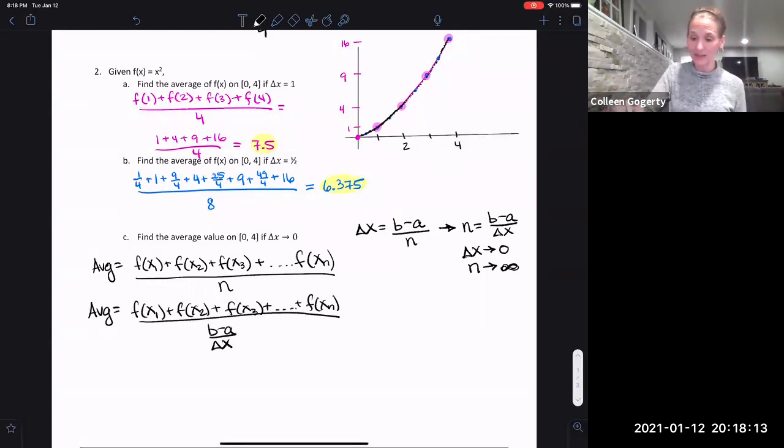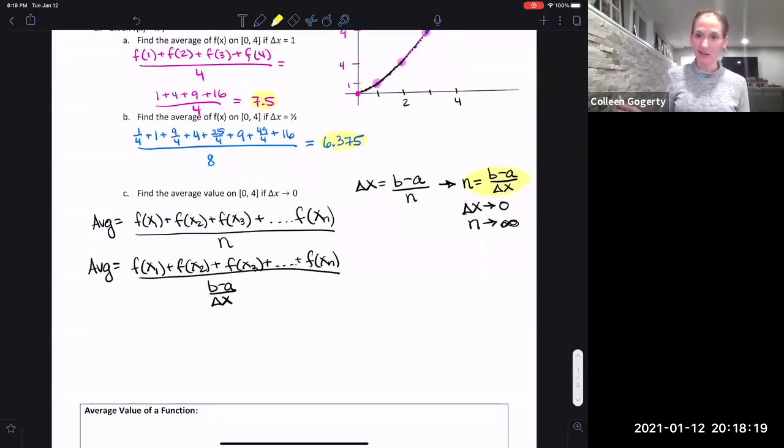I'm just making the substitution that I found over here. So what does this mean? Let's do some more algebra manipulation. If I'm dividing by a fraction, that's the same thing as multiplying by the reciprocal. So multiply by the change in x over b minus a.